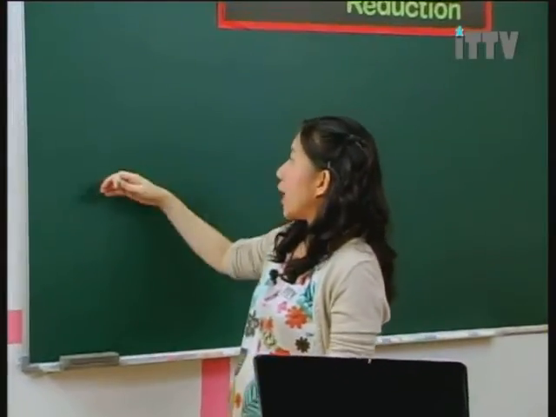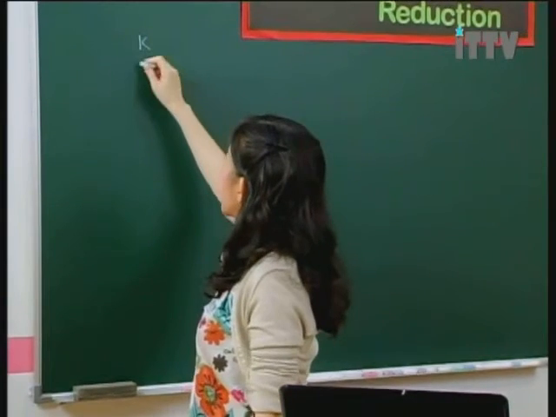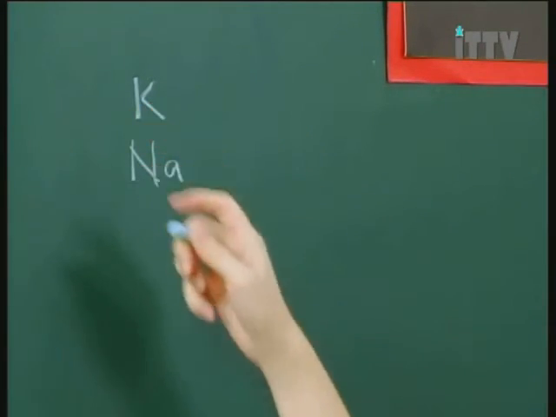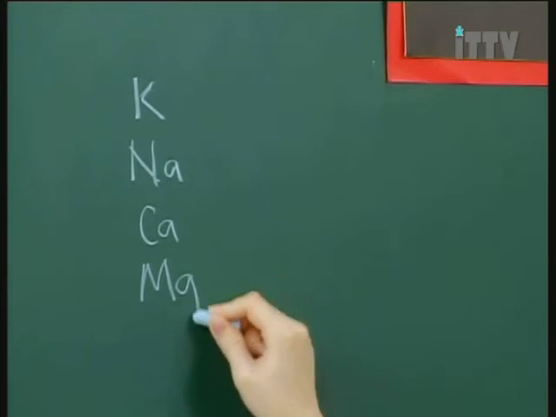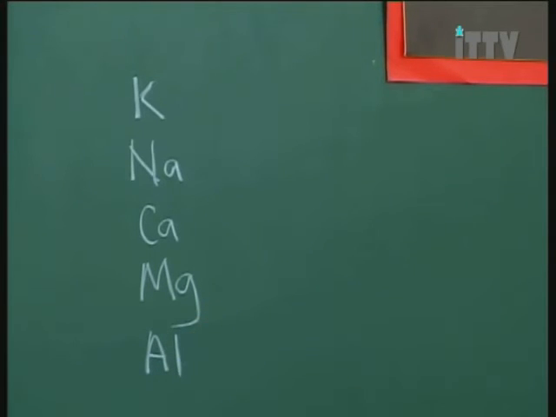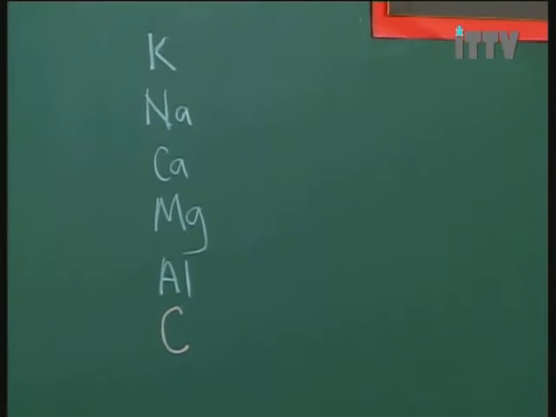As mentioned just now, the reactivity series starts with potassium being the most reactive metal, followed by calcium, magnesium, aluminium, and carbon would be here.